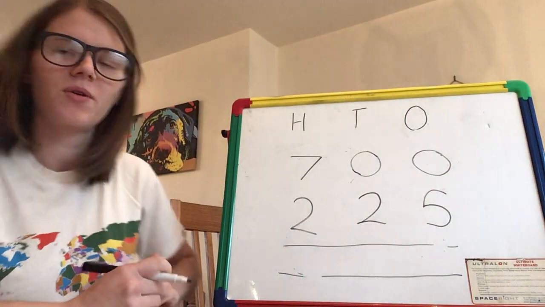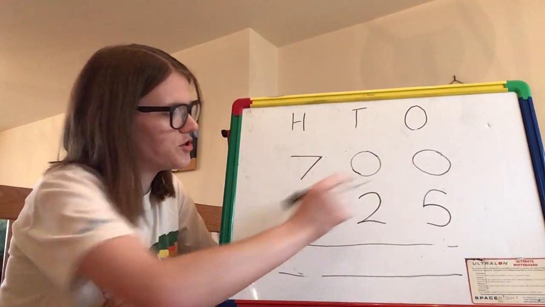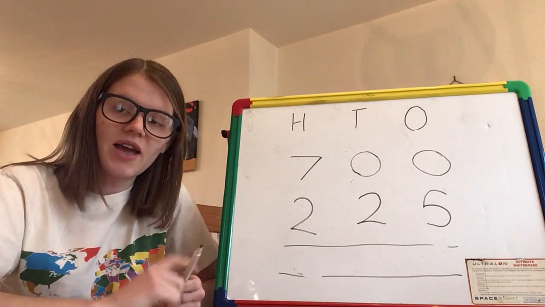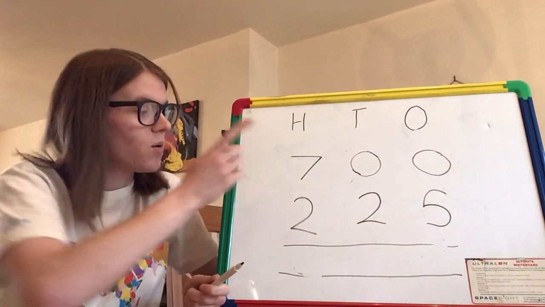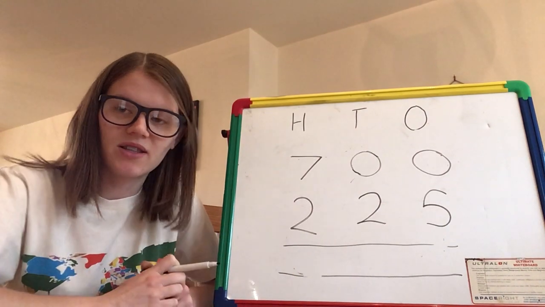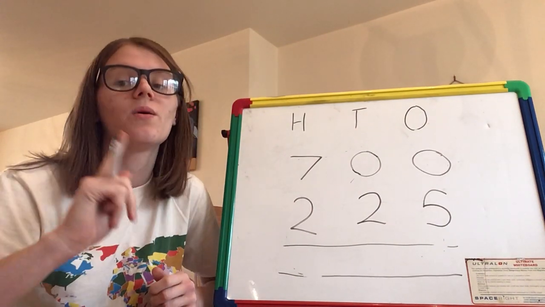Okay, if you had a question like this, 700 take away 225, use those same methods that I've just showed you. Write this down and pause the video and have a go and see if you can answer this question, okay? Pause the video now.